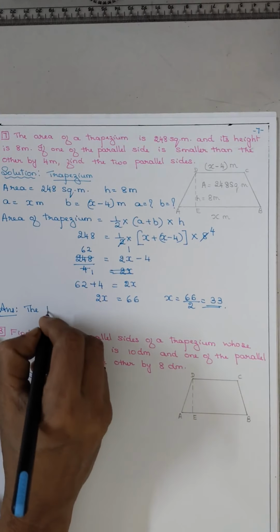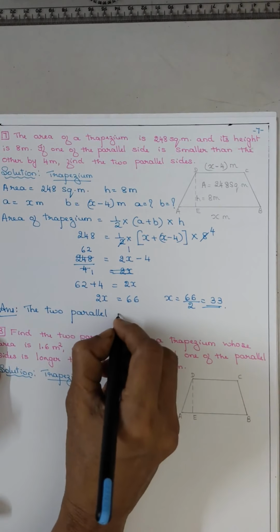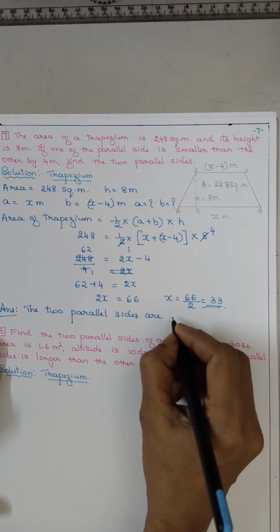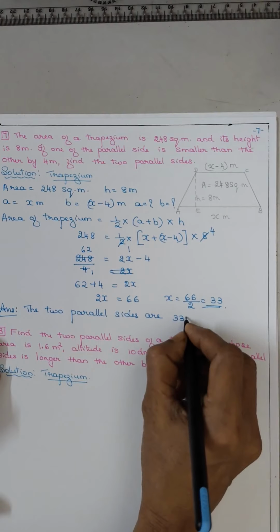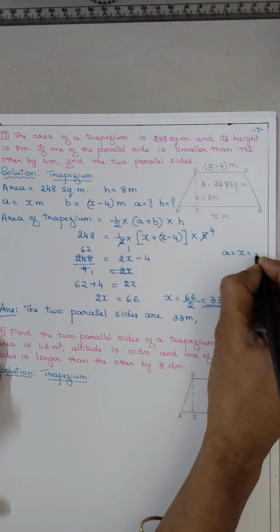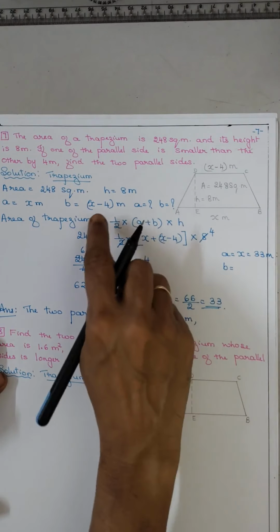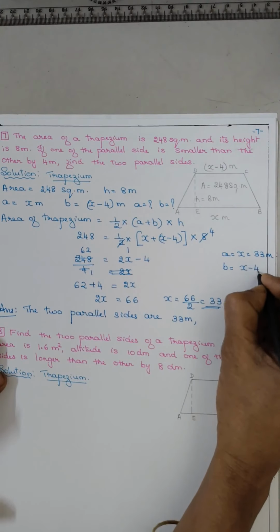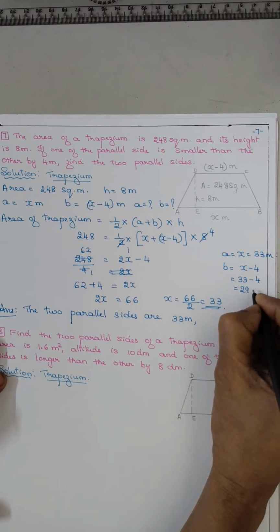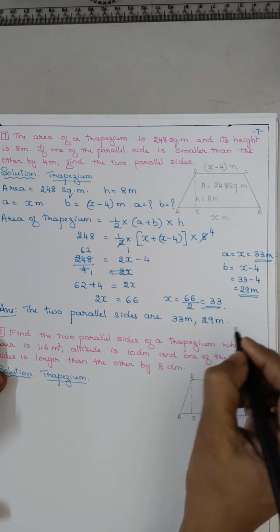So answer, the two parallel sides are x is equal to 33 meter. See, A is equal to x is equal to 33 meter and B is equal to x minus 4, that is 33 minus 4 is equal to 29 meter.